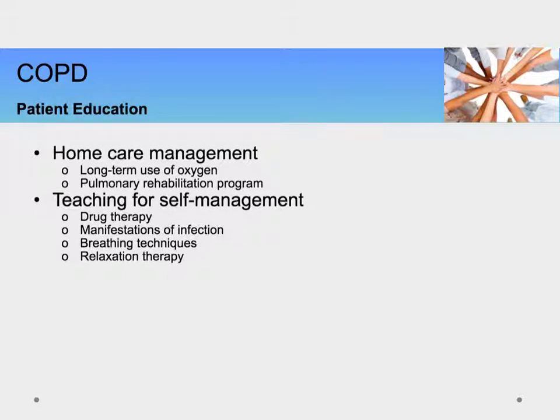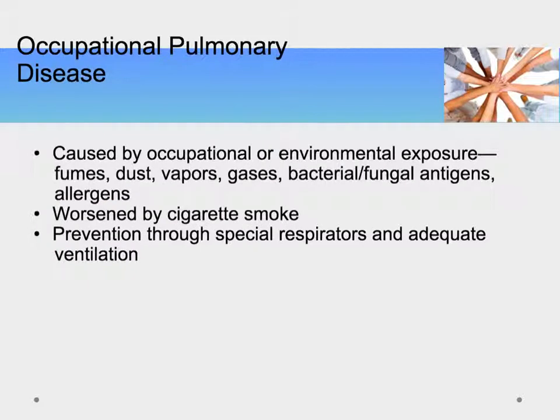People might go to pulmonary rehab 3 times a week, and they help them with activity, they help them manage their illness, and they help with smoking cessation, lots of different things like that. Teaching for self-management, we went over all of that. These are all interventions that we can teach a patient to help them manage their COPD.